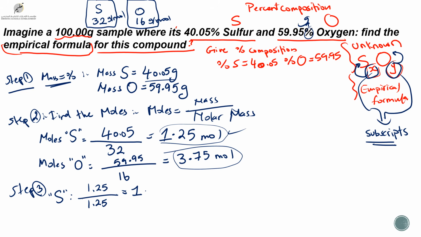Now this thing here is actually the X. This is the X that is here. Okay, and for oxygen we are going to divide 3.75 by, sorry, here I don't know what's happening but it's not allowing me to write down here.